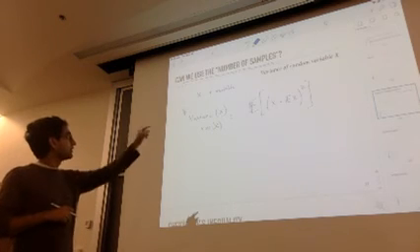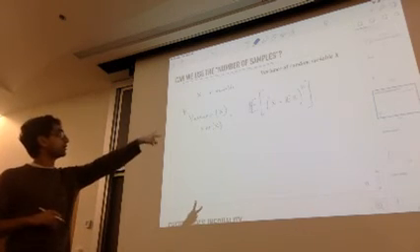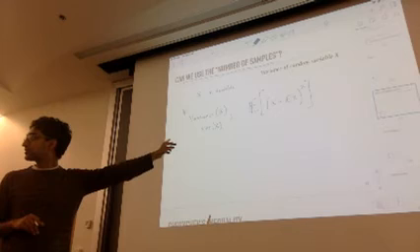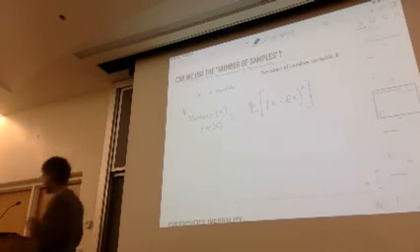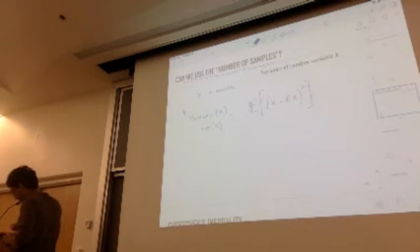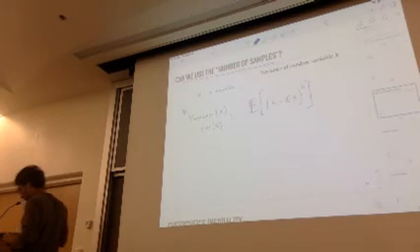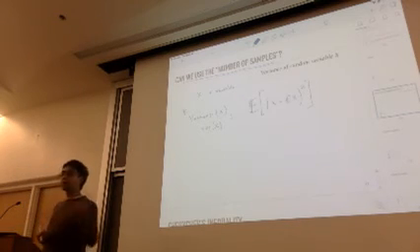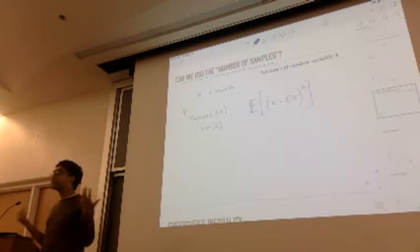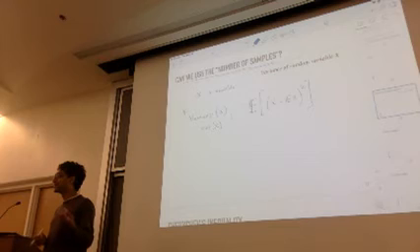This looks a little tricky the first time you see it, because there are two expectations. Do people agree this looks confusing? It used to confuse me the first time I saw it.